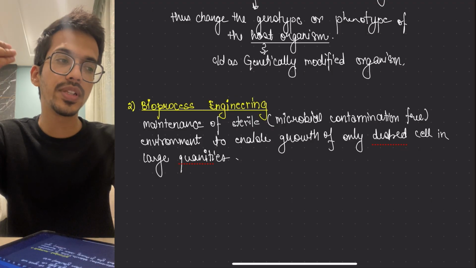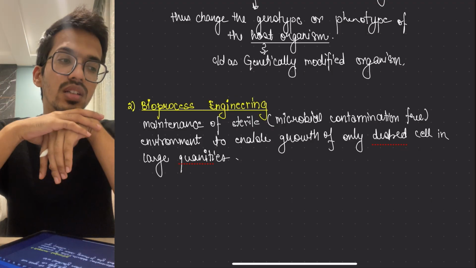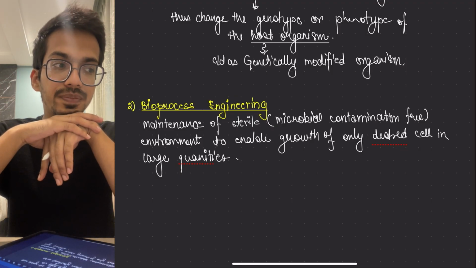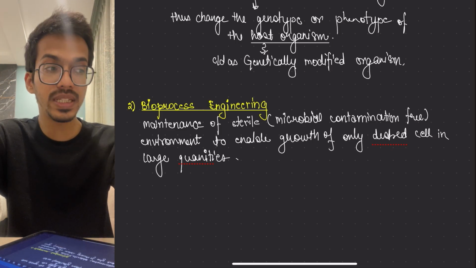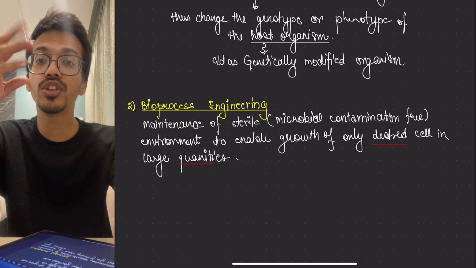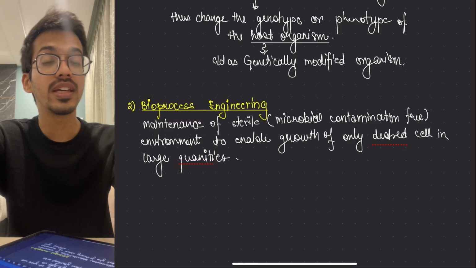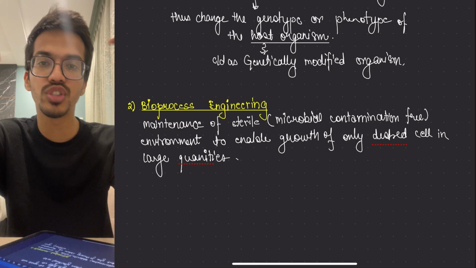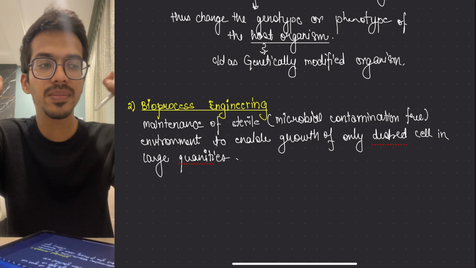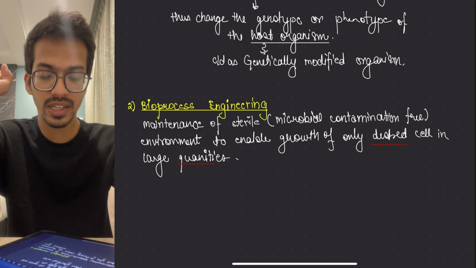So the next question will be, what is the basis of DNA technology? It is making identical copies of any template of DNA which we want to keep on replicating, which is important for us because it contains the genes which we wanted. So that is the main basis of recombinant DNA technology.